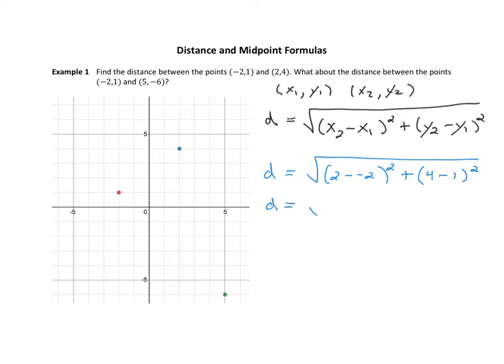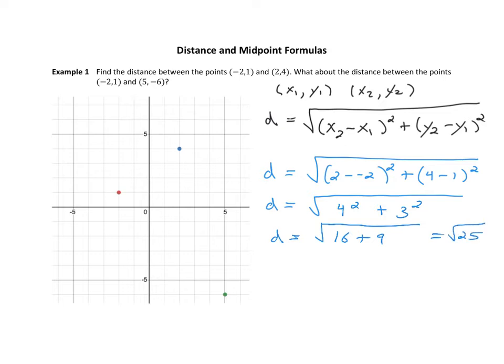All right, so when I simplify this, 2 plus 2 is 4 squared, and then the next one is 3 squared. The distance is the square root of 16 plus 9. That is the square root of 25, and so our distance is 5.